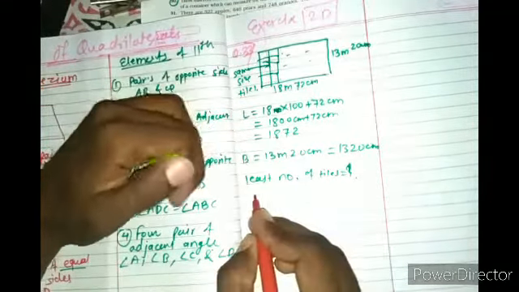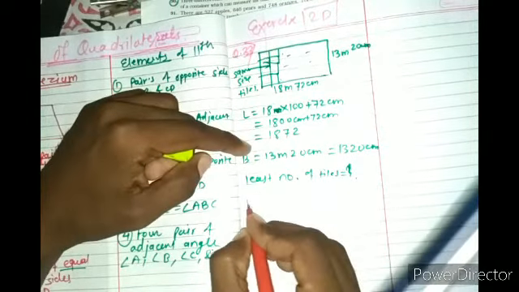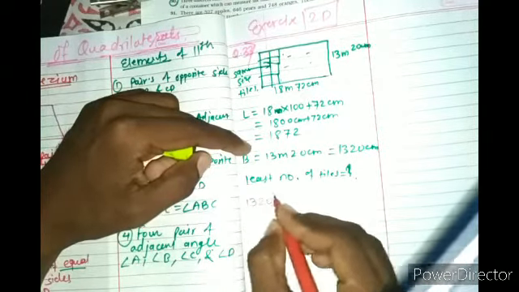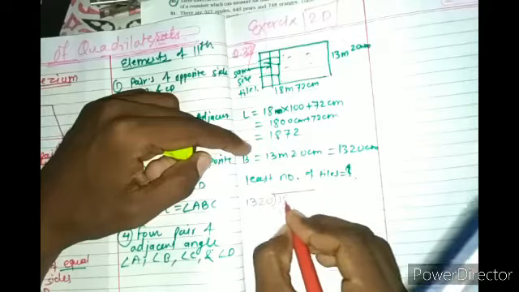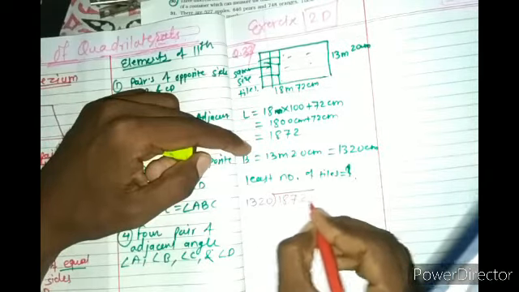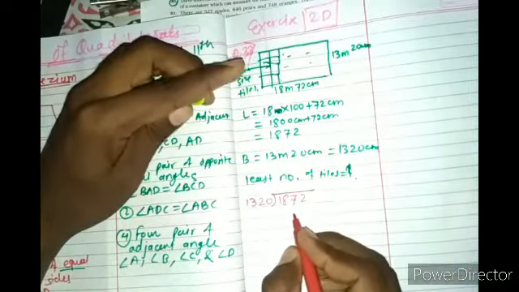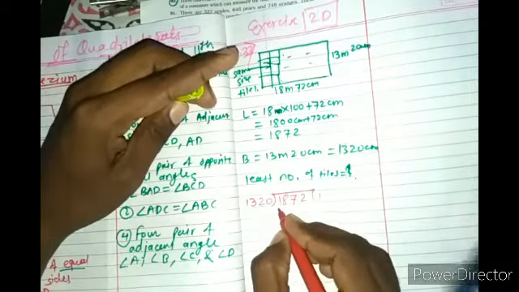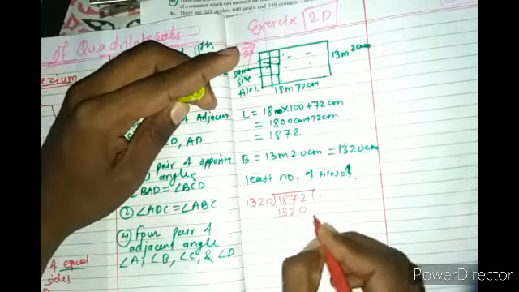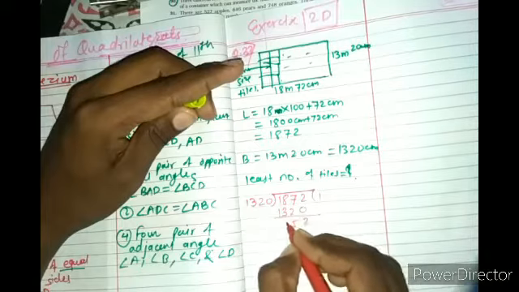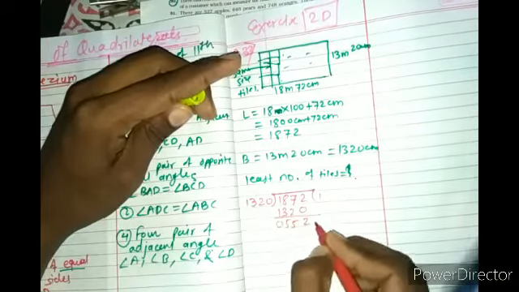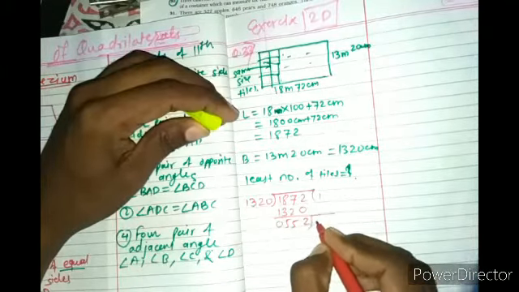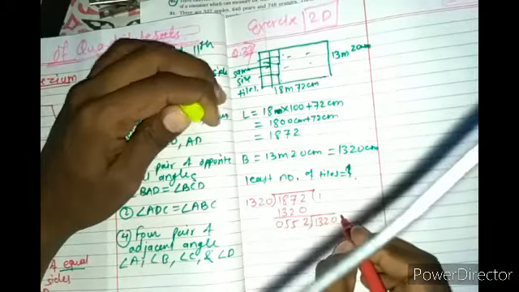So the smaller number will be the divisor, 1320. 1872 divided by 1320, one time, remainder 552. Now by this we will divide 1320.